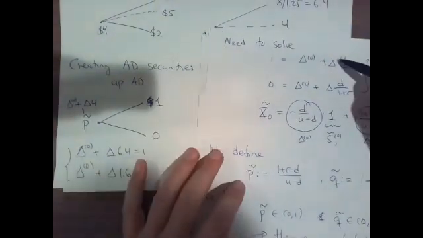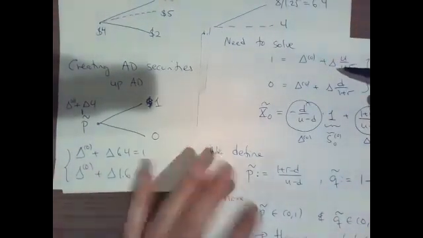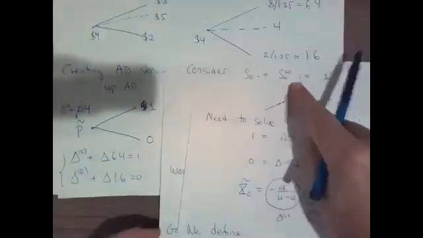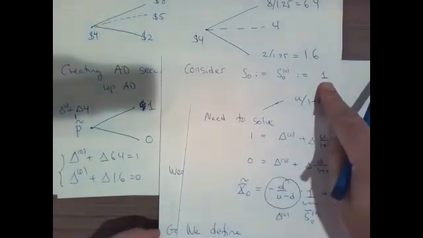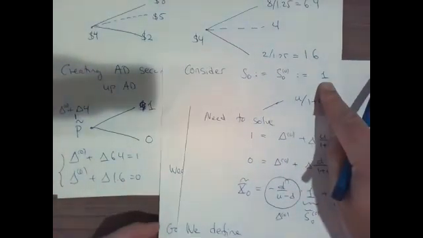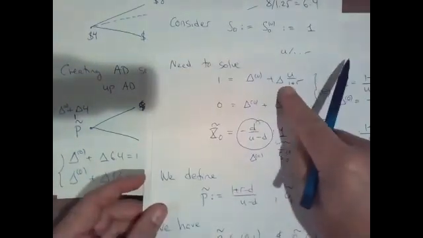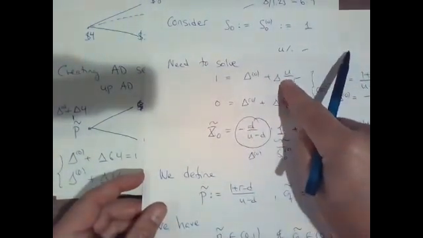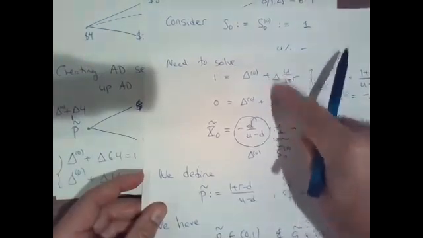Keep in mind we had normalized. We had tricked a little bit. We had normalized the stock price here to be 1. So then this one here will be fine, but you need to have an S0 in these places here.